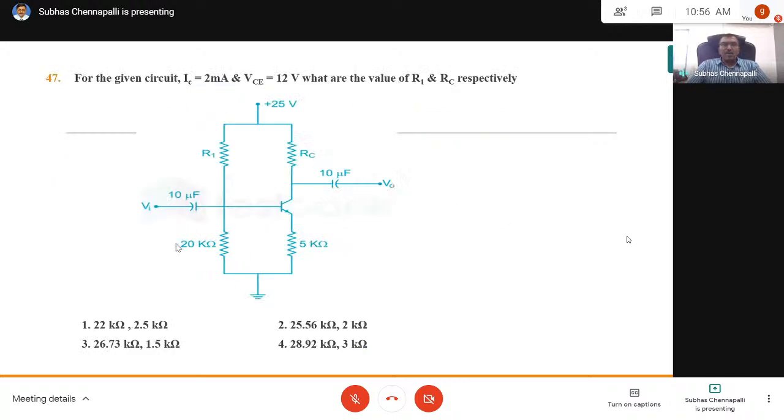Then you have one more. It is a voltage divider bias. Current IC is given as 2 milliamperes, VC 12 volts. Then it is asked what is the value of R1 and RC. It is basically a design problem.